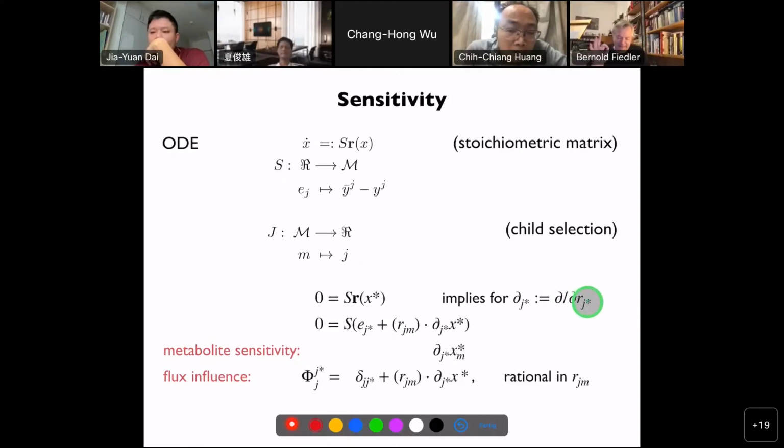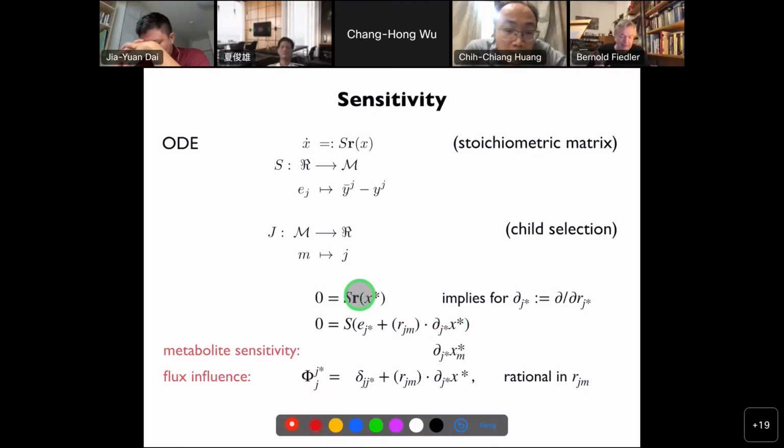But I take an infinitesimal change, and then just by the implicit function theorem, I have an equation for the partial derivatives of the equilibrium with respect to that change of reaction rate. So if I slightly change reaction rate J star, I get a dj star of x star, which tells me the first order perturbation of the equilibrium.